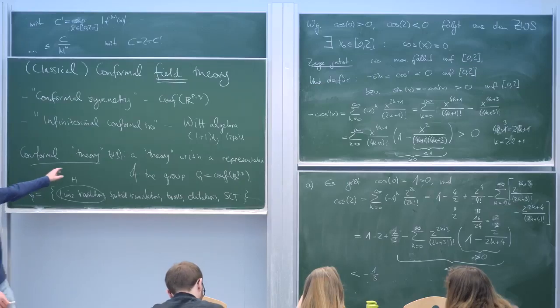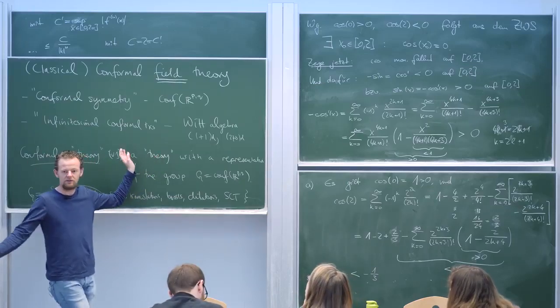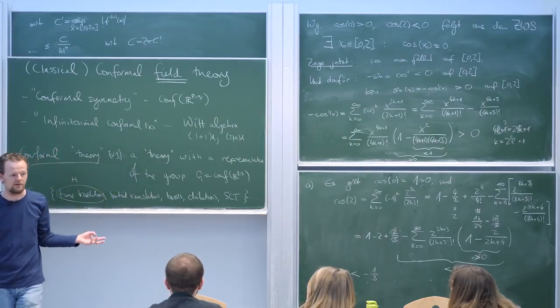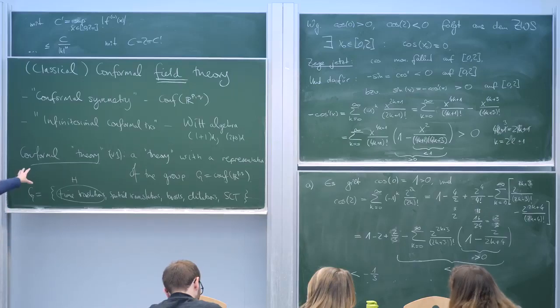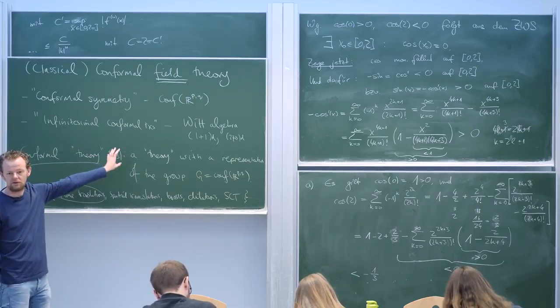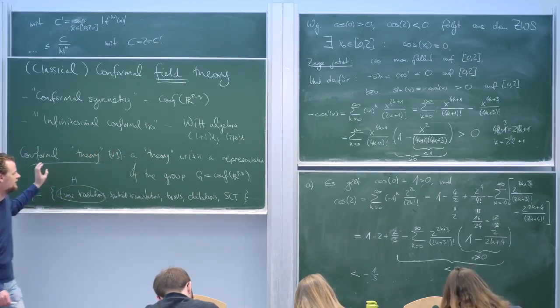Now, I've been very vague about what theory means here. For now, just think of it as some kind of theory which gives me either probabilistic or deterministic results when I make measurements. And this here is a kind of working definition of what it could mean to have a conformal theory, something with a representation.